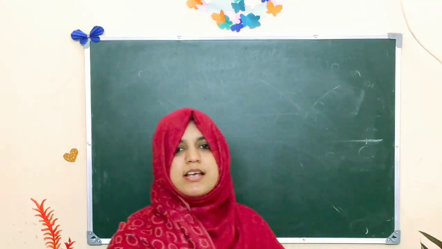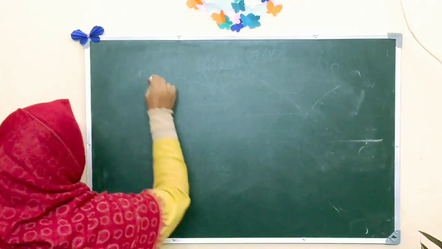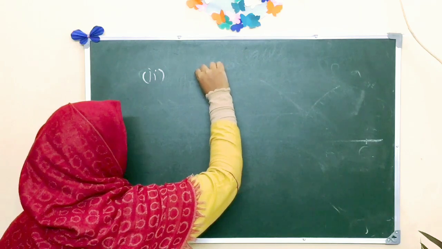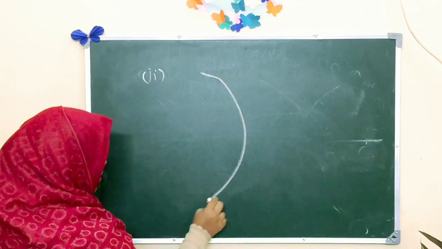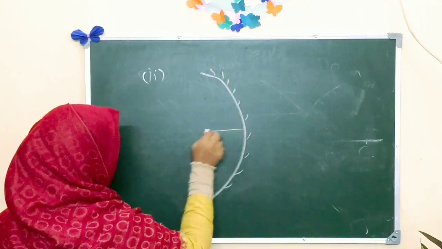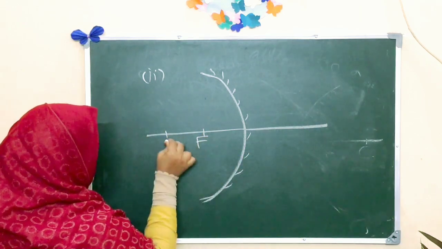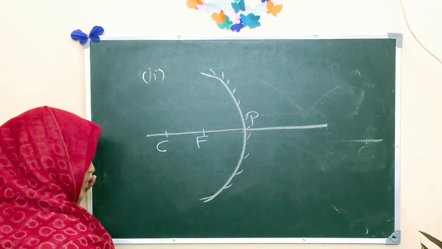The second rule. First I am giving the concave mirror, with focus, center of curvature and pole.